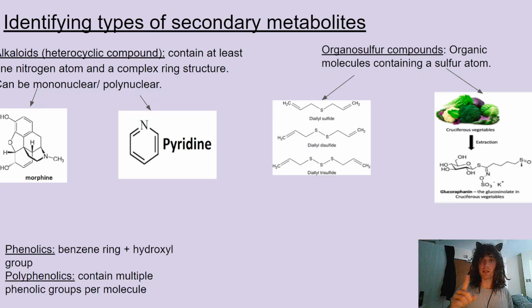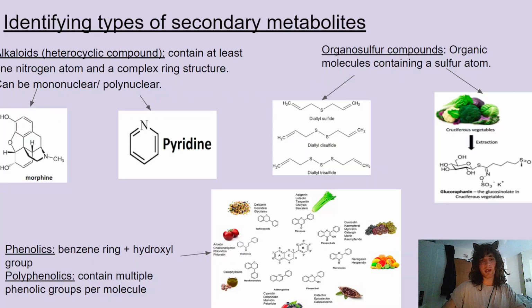But you should eat them anyway. And you also have polyphenolics, which are made of many phenolics, which are just a benzene ring and hydroxyl group. And these are used for antioxidant or anti-inflammatory purposes. You can find them in fruits and seeds.